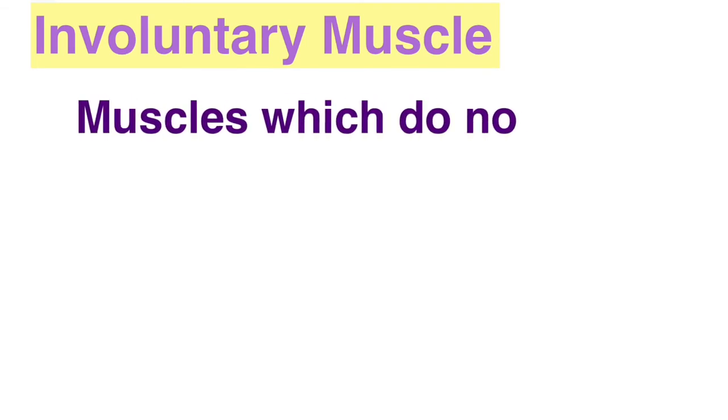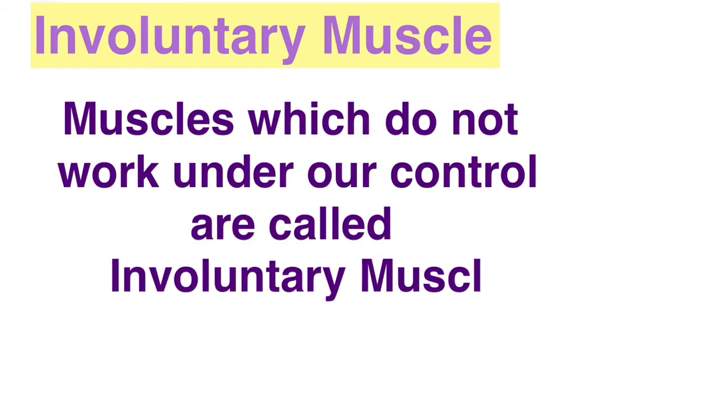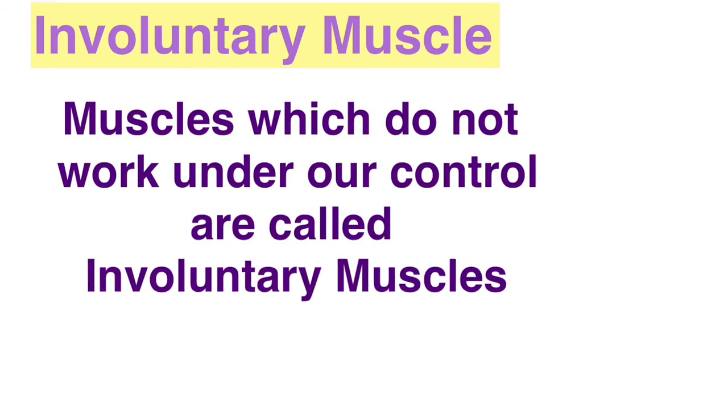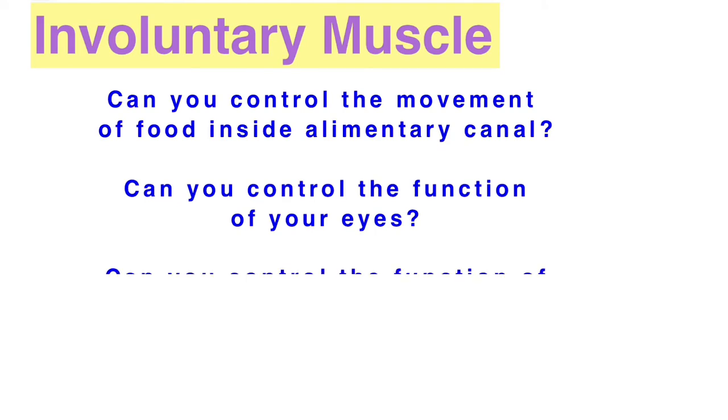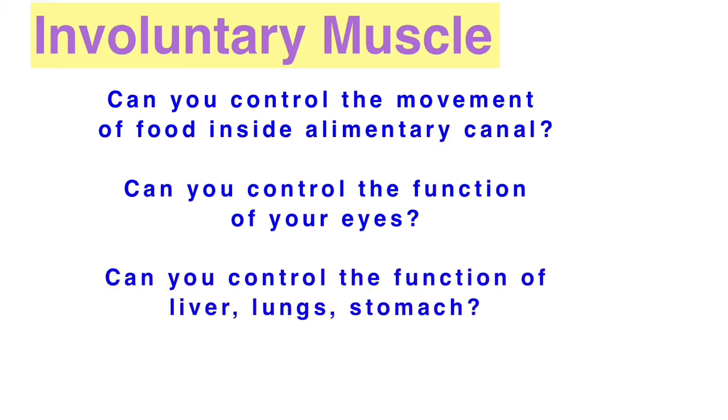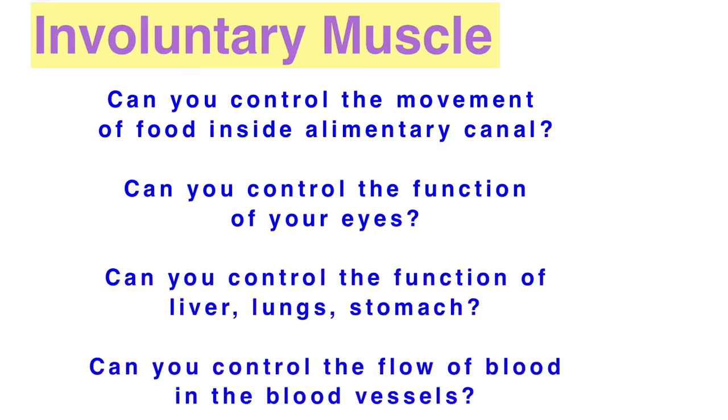Now coming to involuntary muscles. The muscles which do not work under our control are called involuntary muscles. Can you control the movement of your food going inside your alimentary canal? Can you control the function of your eyes? Can you control the function of your liver, stomach, lungs? Or can you control the blood flow through your blood vessels?